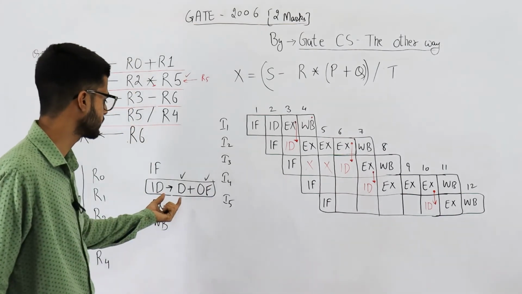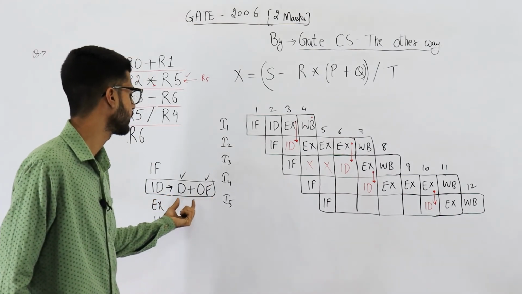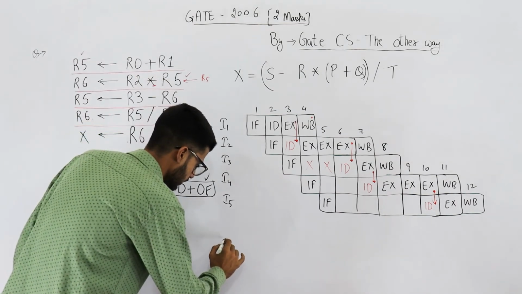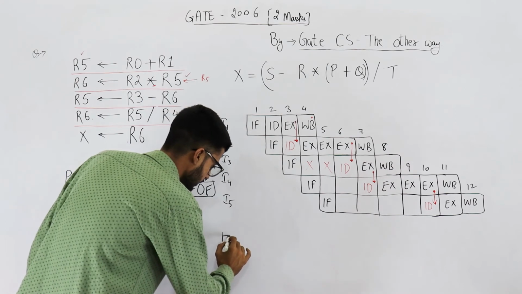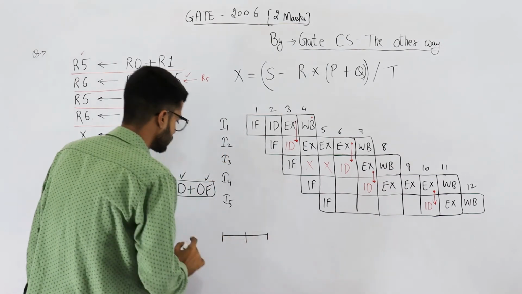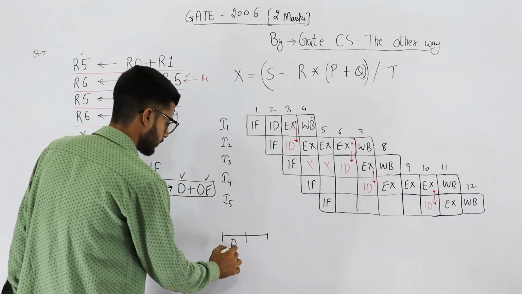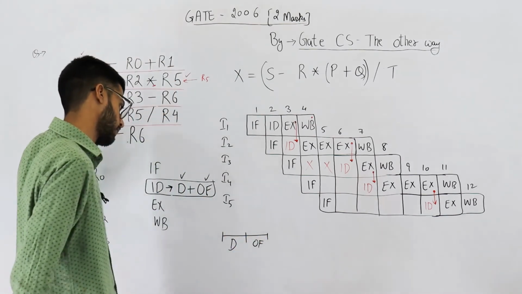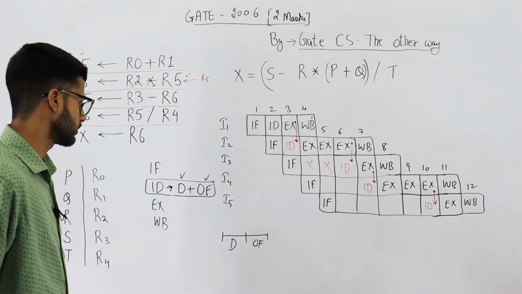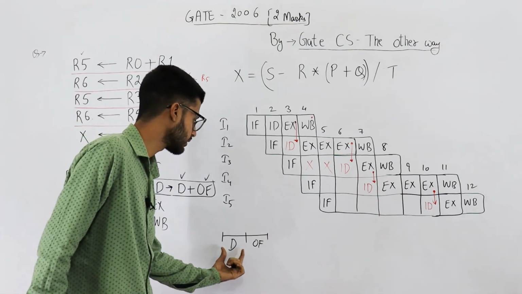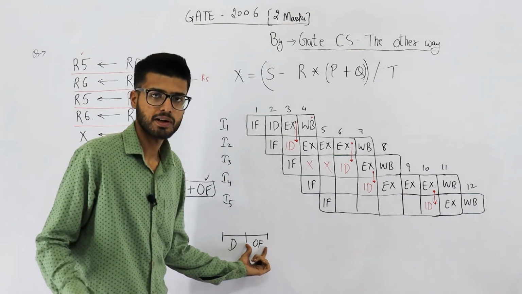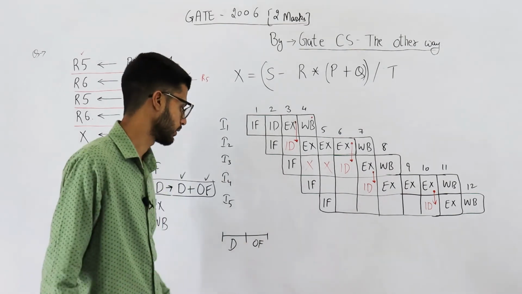Okay, decode is 2 things happening in the same clock cycle. So half of the cycle will be used for decoding and half of the cycle will be used for operand fetching. I'm saying so because only after decoding the instruction will you get to know whether there is some operand that is to be fetched or not.